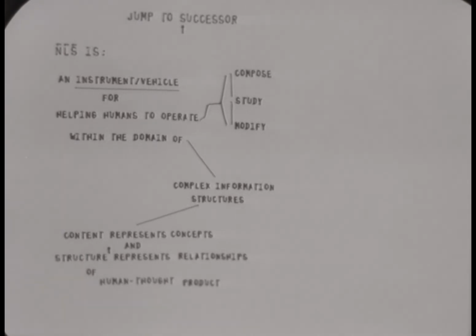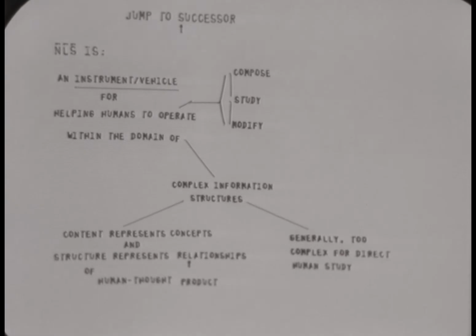We're emphasizing structure because, although the content represents your concepts, there's a structural relationship between those content entities that should represent the relationship between the concepts of human thought. All right, we never can do that very well with linear text.